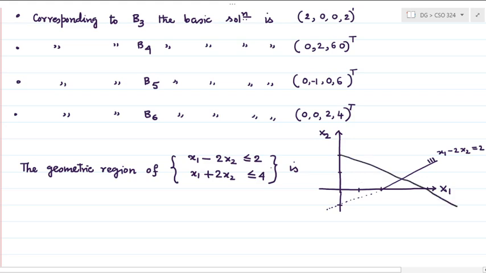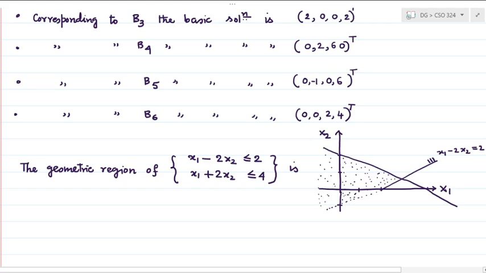And which side? The side of 0 0 will satisfy this, so this side, and therefore this is the inequality region. In this region you don't have any restriction of x1 or x2 greater than or equal to zero, and therefore you have this entire region.